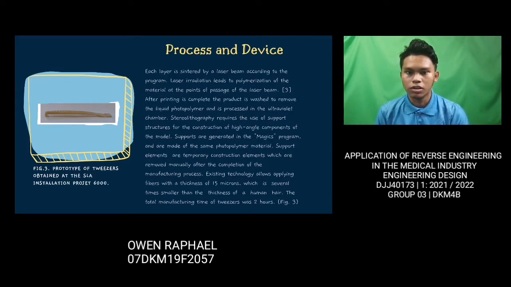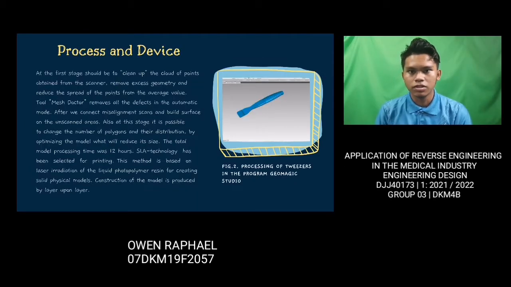The technology allows applying fiber with a thickness of 15 microns, which is several times smaller than the thickness of the human hair. The total manufacturing time of the tweezers was 2 hours. The first stage should be to clean up the cloud of points obtained from the scanner, remove excess geometry and reduce the spread of points from the average value.